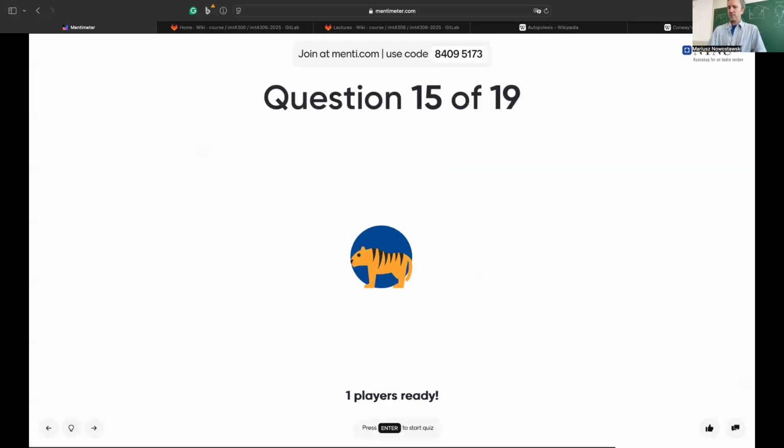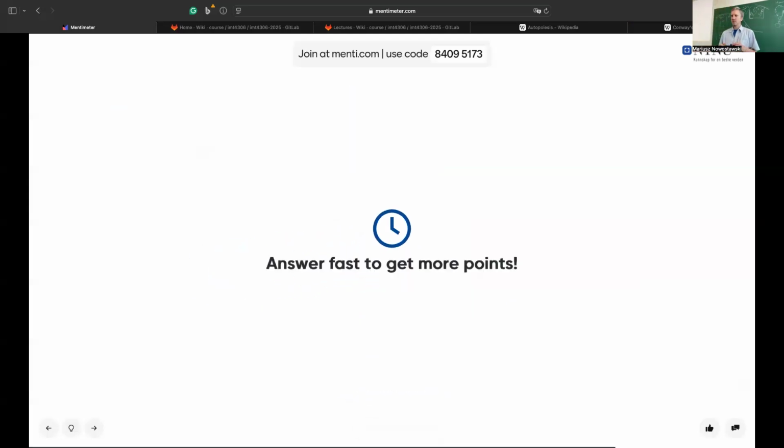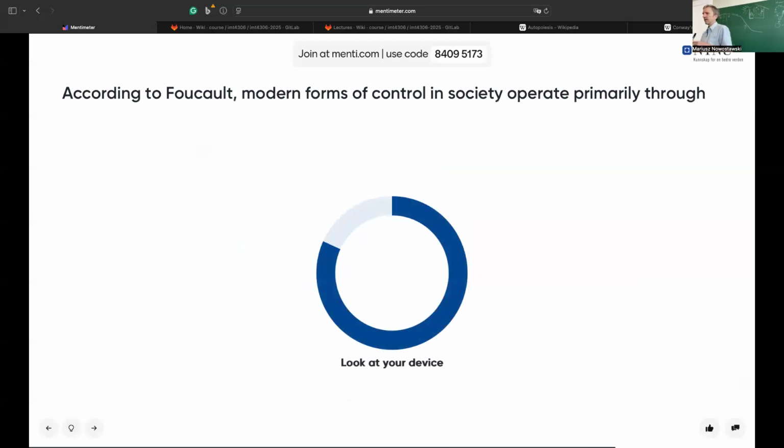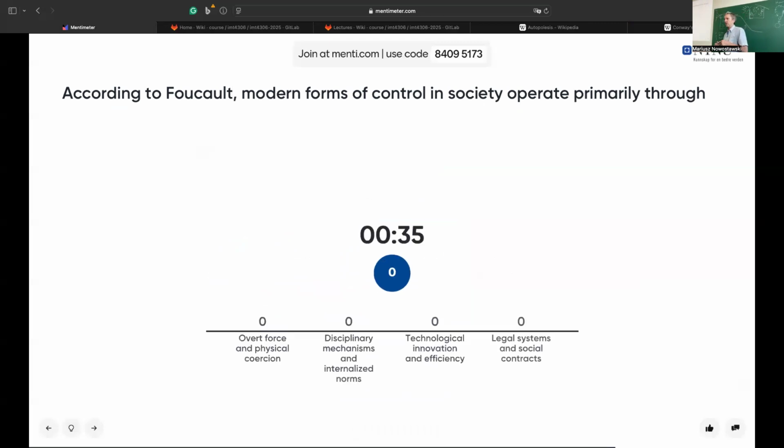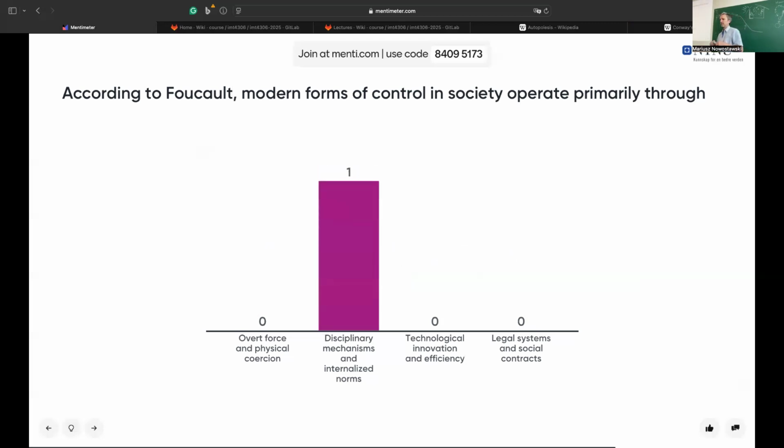But if we move a little bit more towards humans, according to one philosopher, modern forms of control in society operate primarily through what? How are we being controlled? What is controlling us? Yeah, very nice.